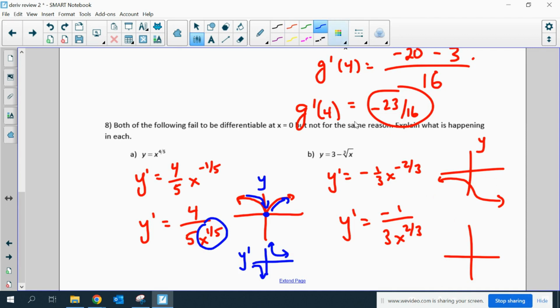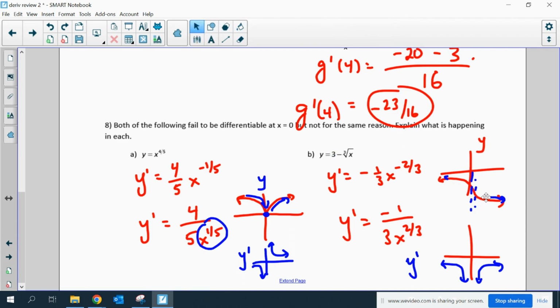And my derivative graph is going to be always negative, having a vertical tangent line at 0. Sorry, really bad at drawing, but at 0. And then it ends up leveling off as I go a little bit further along. And actually 3 minus that, I didn't graph that very well. That should actually be up 3. But the derivative is basically what it's supposed to be.